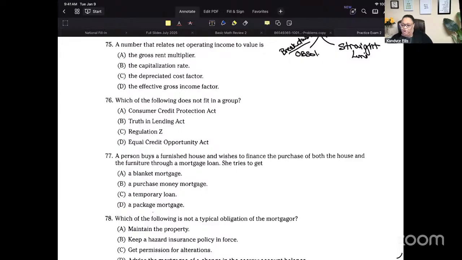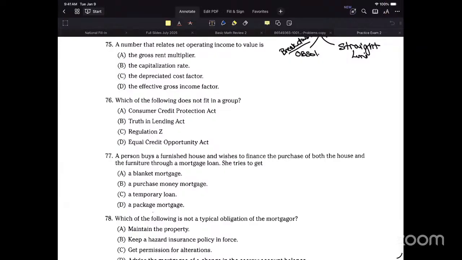All right. So, Amy, you say it is B. Okay, why? Because it's using the income approach, right? Net operating income, value, and the cap rate are all part of that.